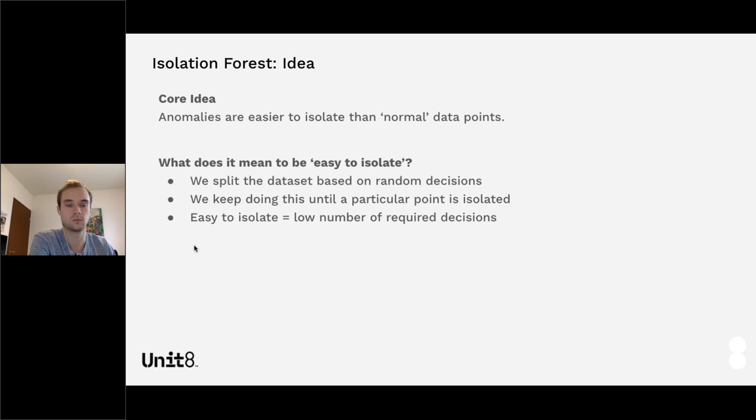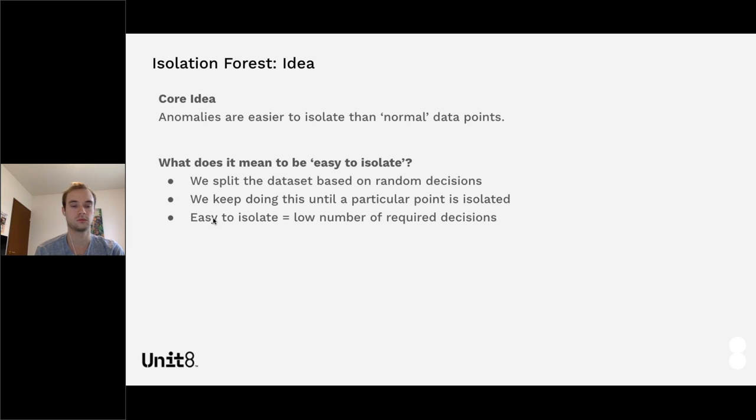We split the dataset based on random decisions. We keep doing this until a particular point is isolated. So you can imagine that if the point is very different from the others, it will not be in the bigger part of the cloud of points, meaning that easy to isolate means a low number of required decisions.